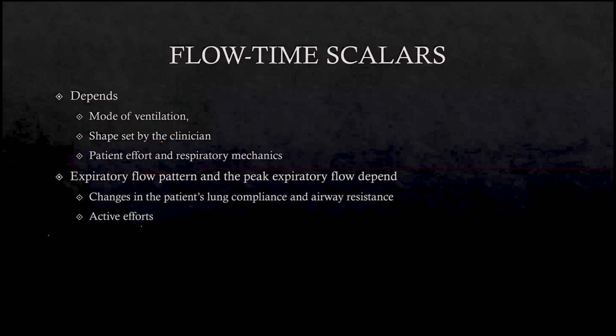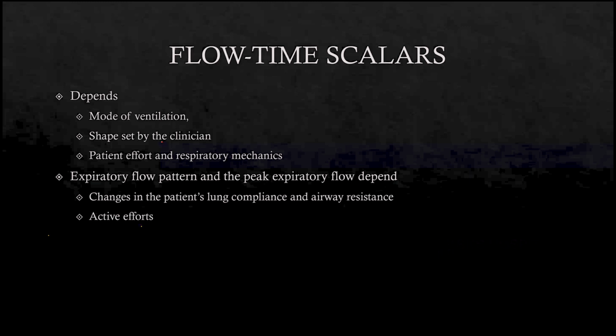Now, coming specifically to the flow time scalar, the variations in the flow time scalar are largely determined by the mode of ventilation, as was already shown by the previous speaker. The shape at some times can be set by the clinician. So it could decide on, for example, a decelerating or a square waveform.